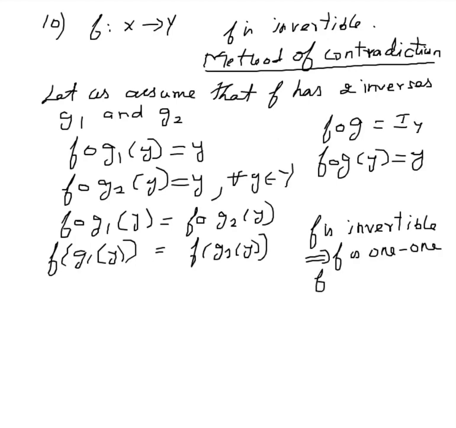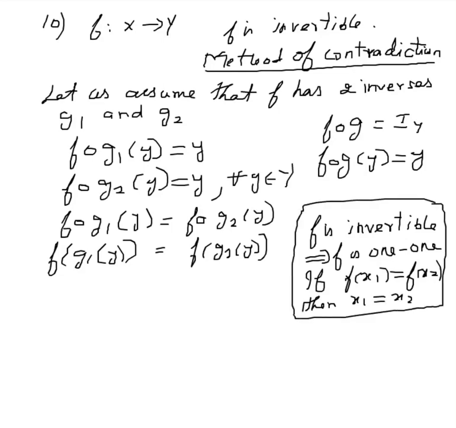The definition of a 1-1 function is, if f of x1 is equal to f of x2, then x1 must be equal to x2. Here we have f of g1 of y is equal to f of g2 of y. Using this definition, I can say that g1 of y is equal to g2 of y.